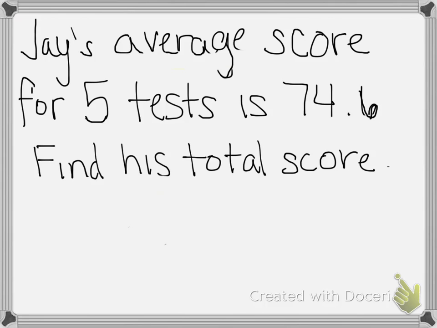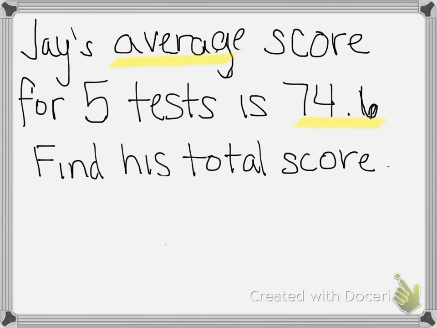For our next question, it says, Jay's average score for 5 tests is 74.6. We want to know his total score. So they gave us our average, which is 74.6, but we want to know the total score.